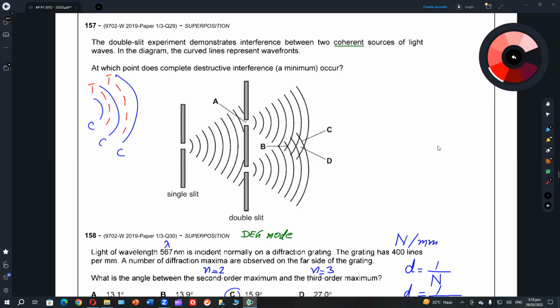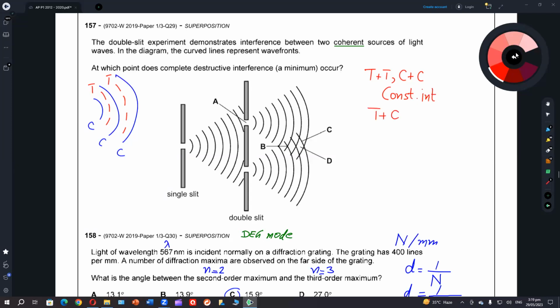So it means there are back-to-back trough and crest. So you can see here C and D. Now what you can do here, you can carefully see that if I say trough plus trough or crest plus crest, then it is constructive interference.